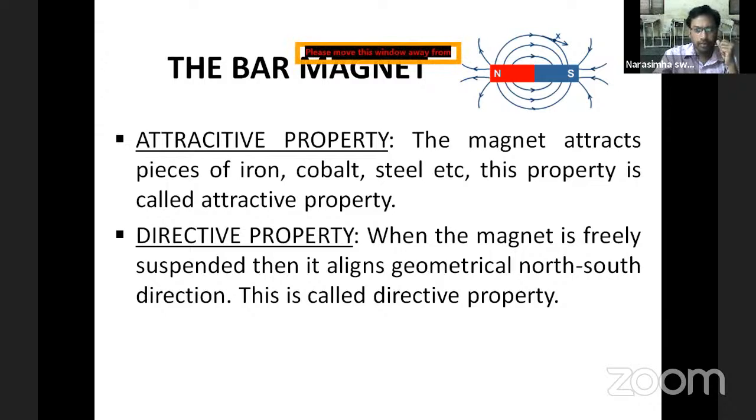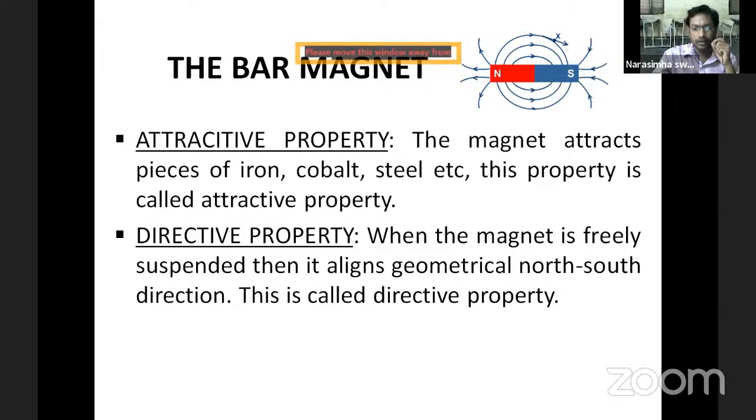And the directive property: whenever the magnet is freely suspended and rotated in any direction, it comes to its regular position, that is the north-south direction. I'm repeating, when the body is freely suspended, it originally aligns towards the north and south directions.